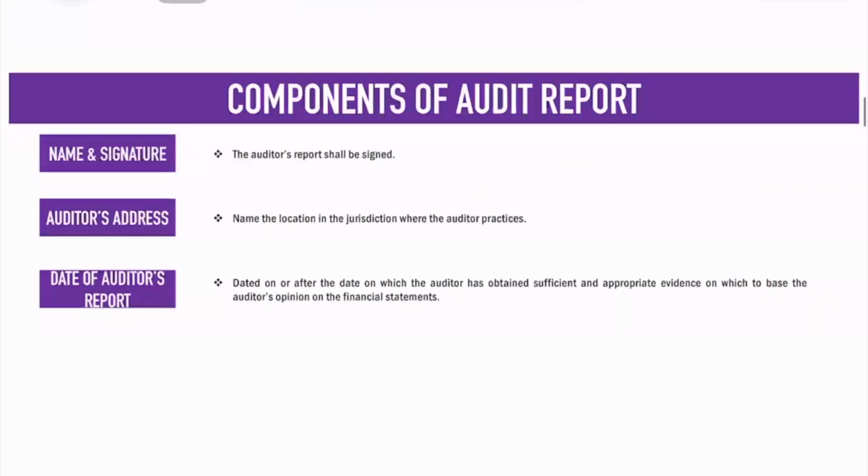The name and signature: the auditor's report shall be signed. However, there are circumstances that the auditor does not include the name of the engagement partner, because normally who is named in the audit report is the engagement partner. But again, there are instances that the engagement partner is not named.